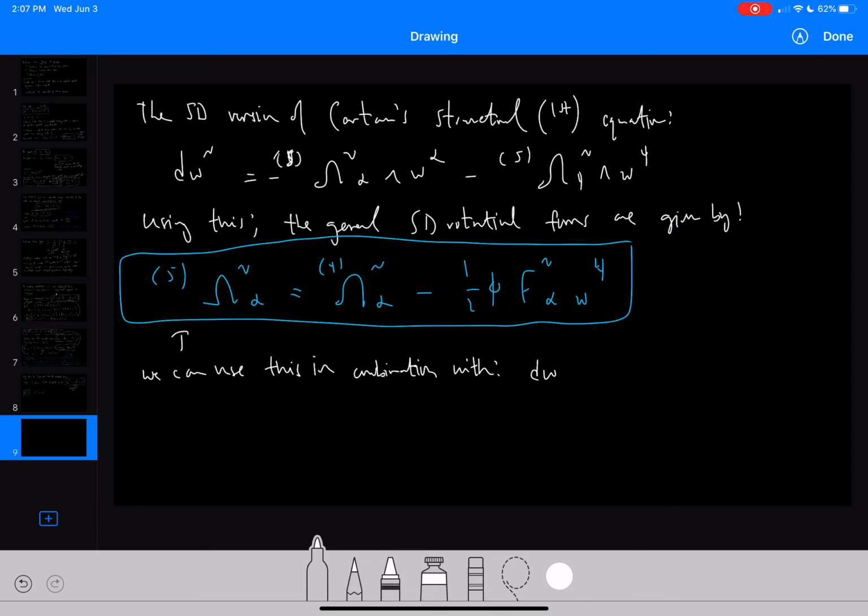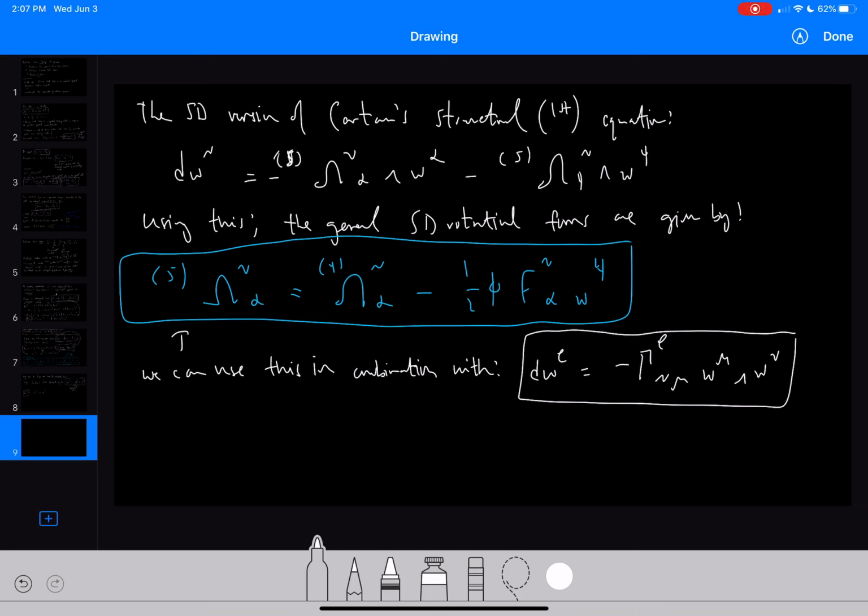So dW^rho, or dW^p, I call it p. As you can see, the connection coefficients show up in the definition, right? So by definition, this is Gamma^rho_nu mu, and then wedged with this, right? And this is clearly symmetric in the bottom mu nu components, right? As you would expect from connection coefficients.